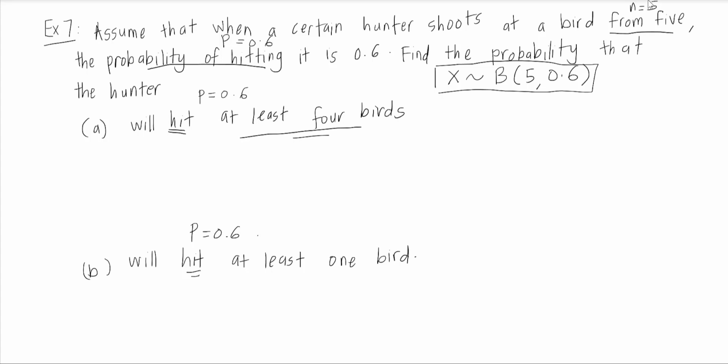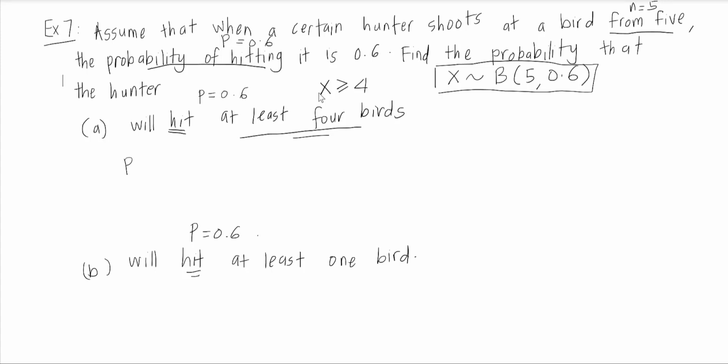Like I said before, we can get the value of x from what the question asks for. The question asks to find the probability that the hunter will hit at least 4. That means x greater than or equal to 4.